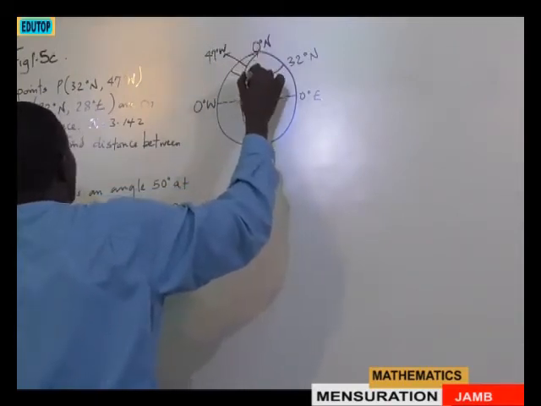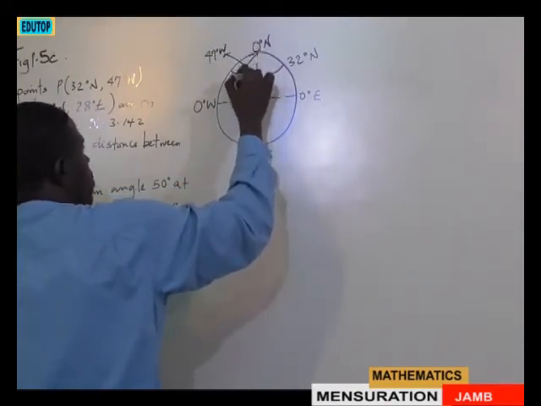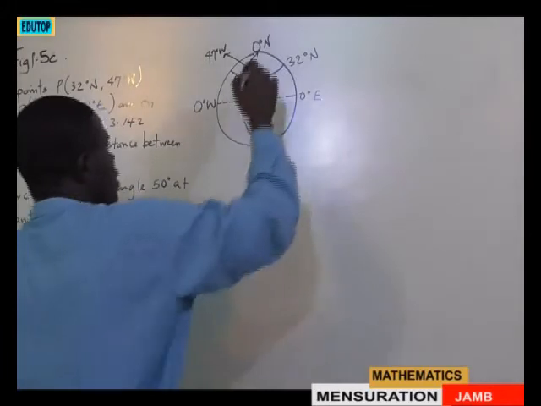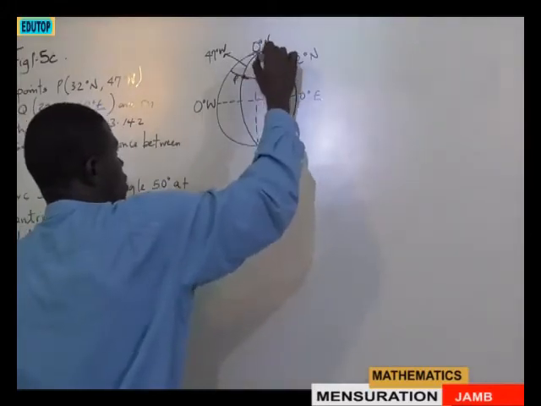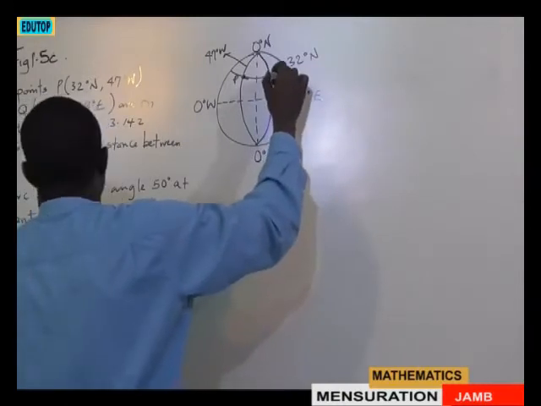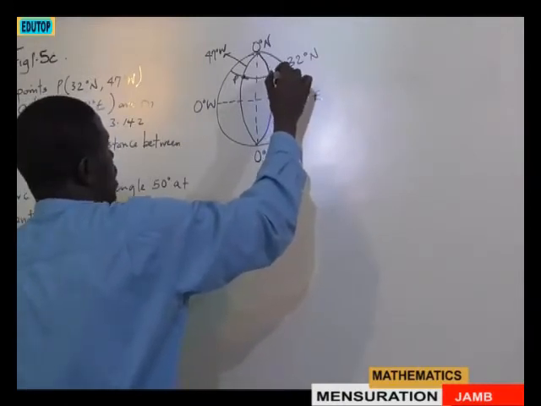So the point here is what? The point here is point P. Then our Q is also the same latitude, 32 degrees north, but this time around 28 degrees east. So it will be something like that, and point Q will now be here.